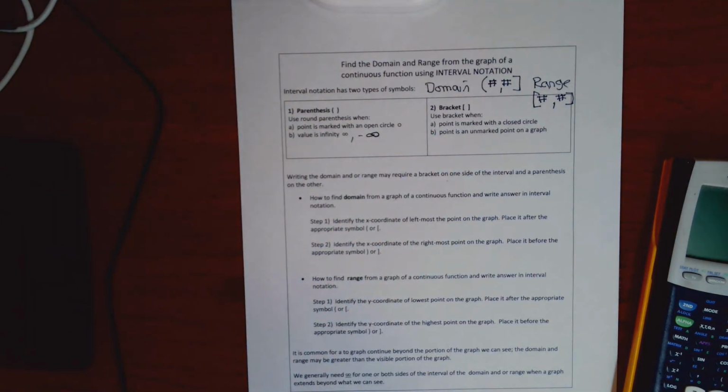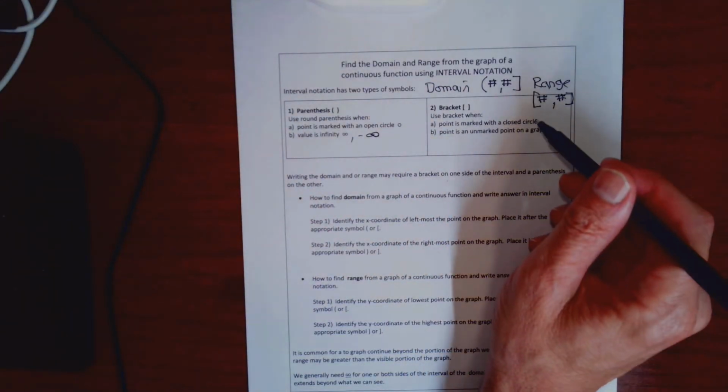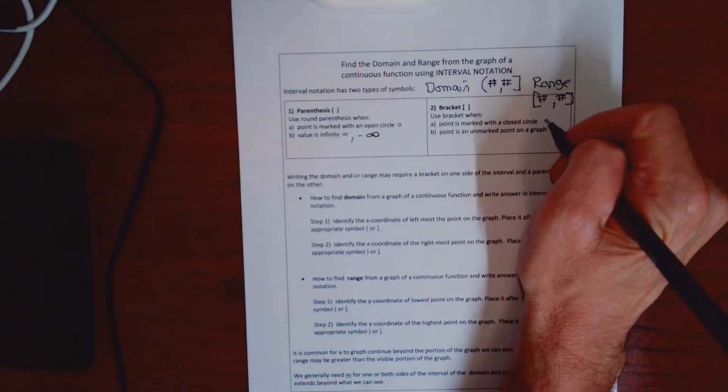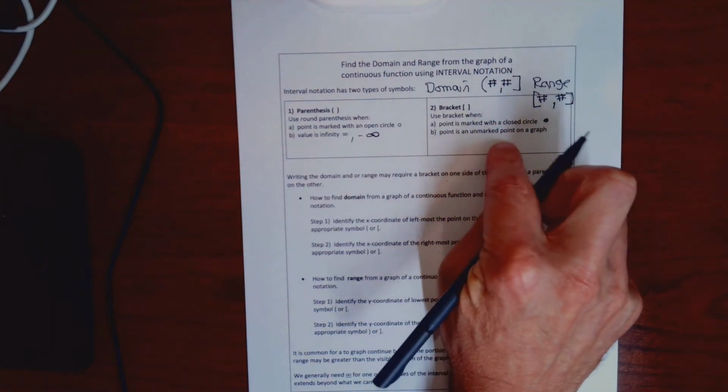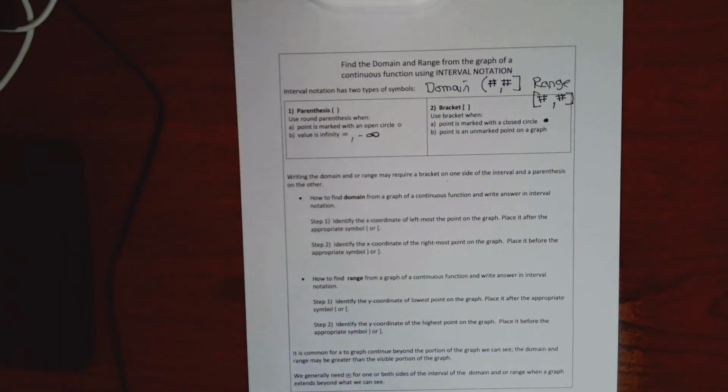So if I'm about to write a domain or a range, and the point that I use to find the domain is marked with an open circle, that number is going to be preceded or followed, if it's at the end of the interval, with a round parenthesis. If I'm going to write an infinity or a negative infinity, that's also going to get a round parenthesis. Square brackets I'm going to use when a point is marked with a closed circle, or if the point is an unmarked point on the graph, and we'll have some of all these coming up.